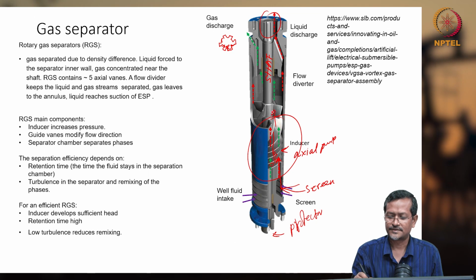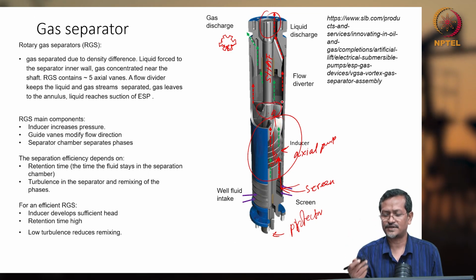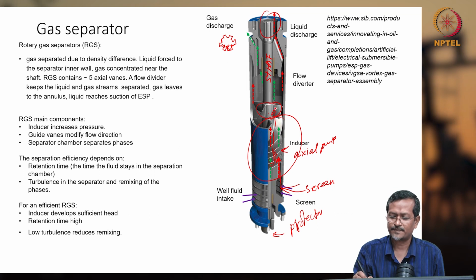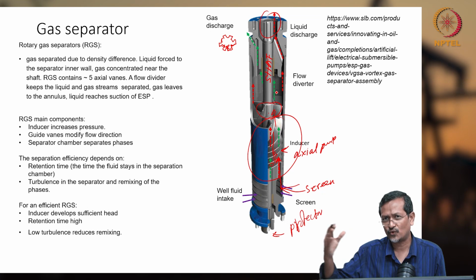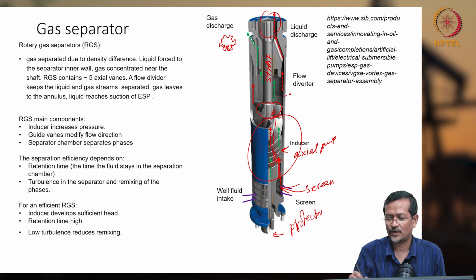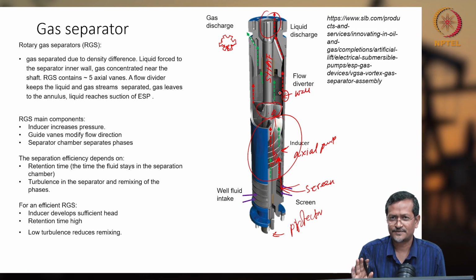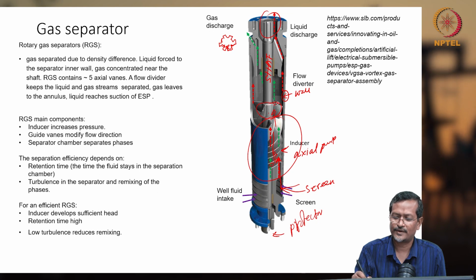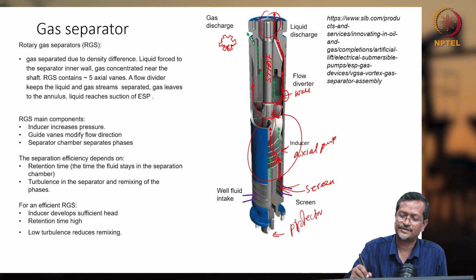Then there will be separation. This section will be giving lots of centrifugal action. Because of centrifugal action, the light-density gas particles will not get a chance to go to the outer wall. This is the wall, right? So liquid will not give any space to the gas. The liquid will take all this outer wall space, and the liquid will enter through this.